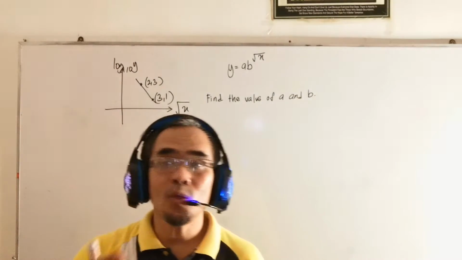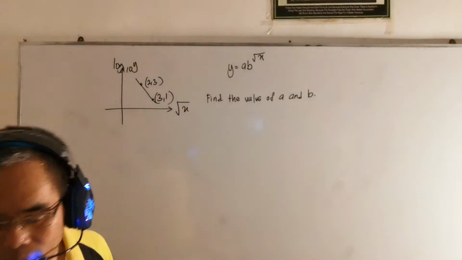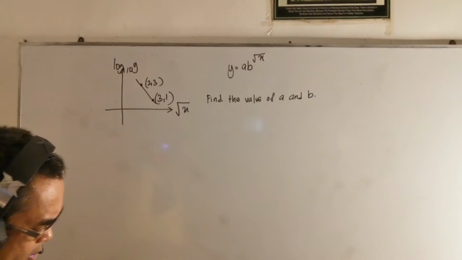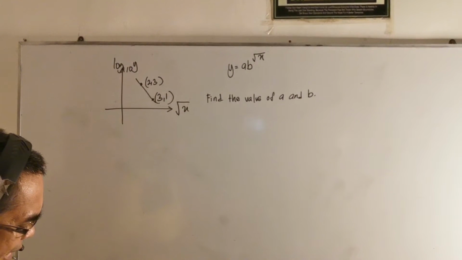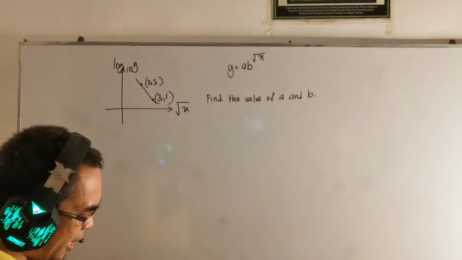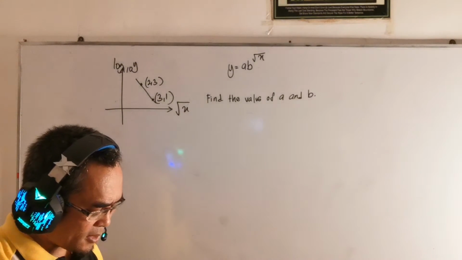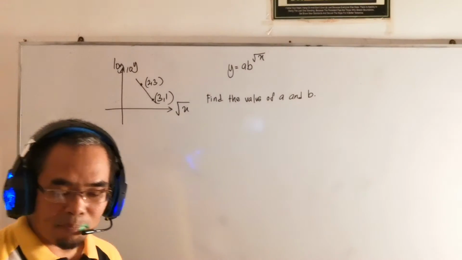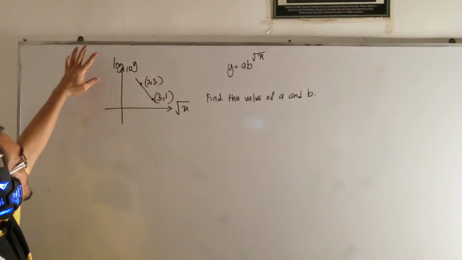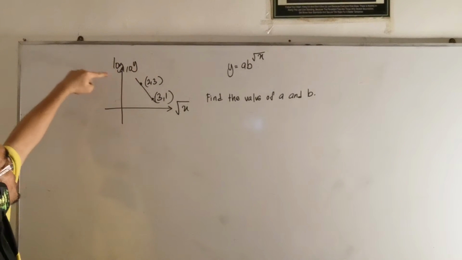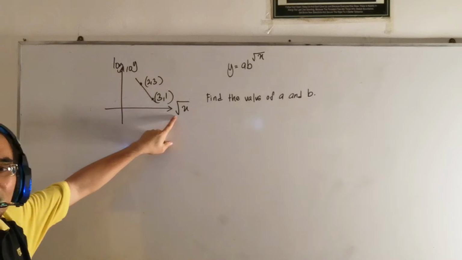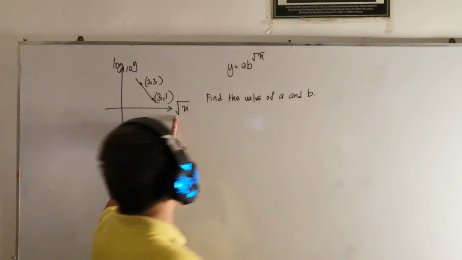The actual question here, I read out for you. The above diagram shows the graph of the straight line that is related by the equation y equals ab to the power of square root of x. Find the value of a and b. If you notice here, the y-axis is labeled with log 10y and the x-axis is labeled with square root of x.